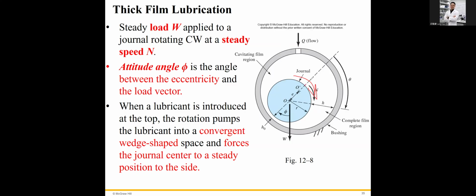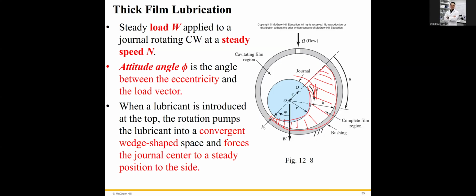So what is a converging shape? It's like this, I will draw. So this is the converging shape. And this converging shape provides the pressure, provides the force, that forces the journal center to a steady position.